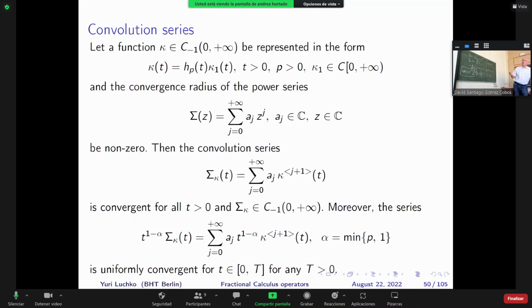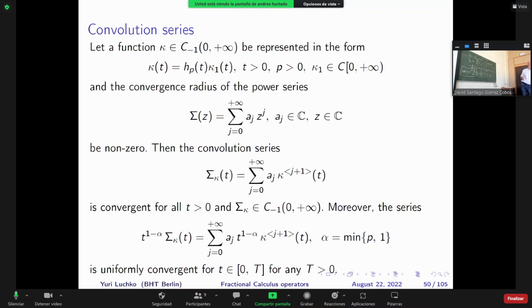And if we suppose that this standard power series is convergent in any point not equal to 0, so the convergence radius is not equal to 0, then it's not difficult to prove that the convolution series of this form with the same coefficients, but with the j plus 1-fold convolutions of the function kappa, is convergent for all t greater than 0, and this sum belongs to the space C minus 1.